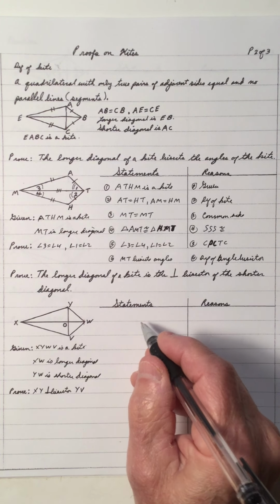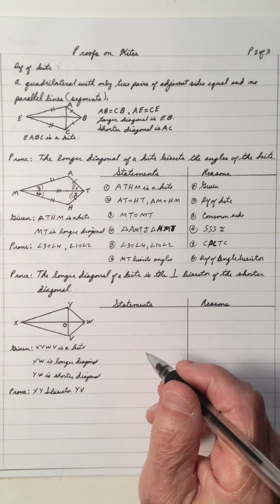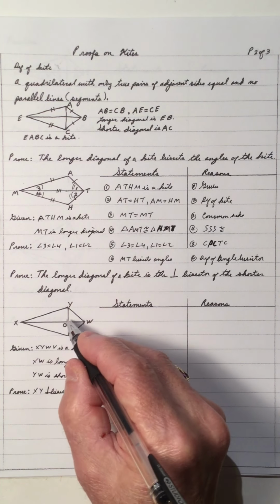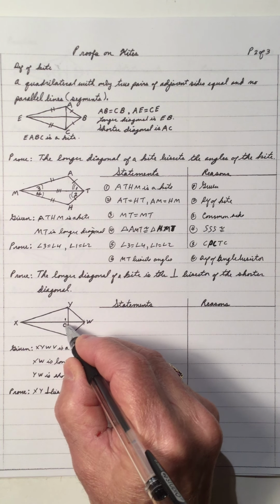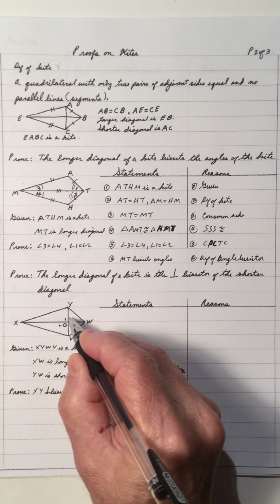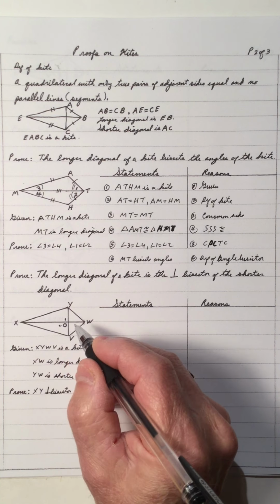So again, how are we going to do it? I have to get a right angle at 1 and 2, and I have to prove that OY equals OV.